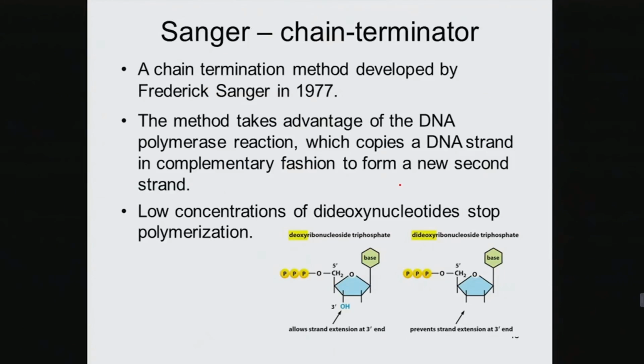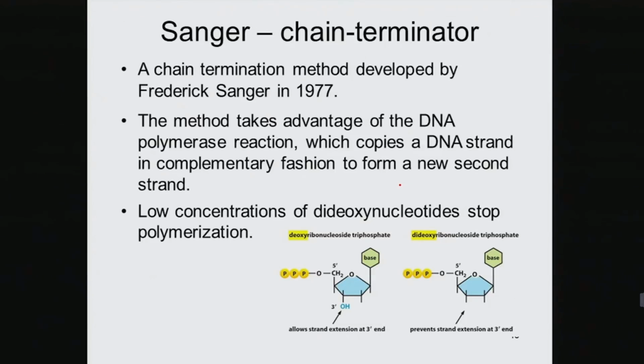Okay? So again, it takes advantage of your DNA polymerase reaction, in which we got our template strand, our primer, our DNA polymerase, and our dNTPs. We can make DNA. But at low concentrations, we're also going to add in dideoxynucleotides to stop the reaction.